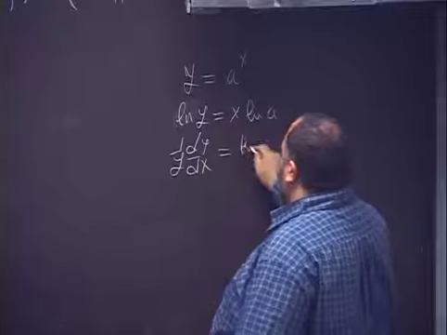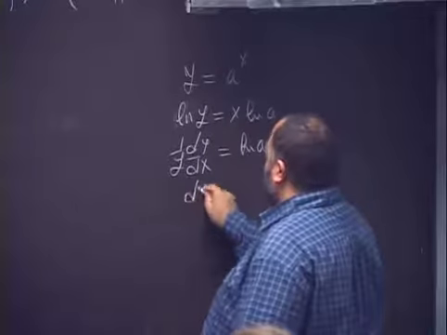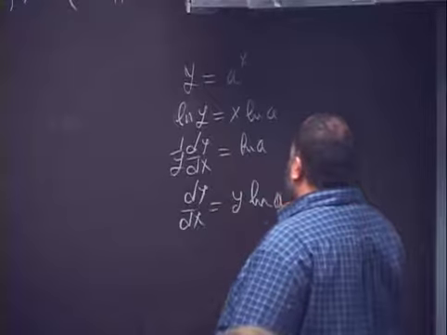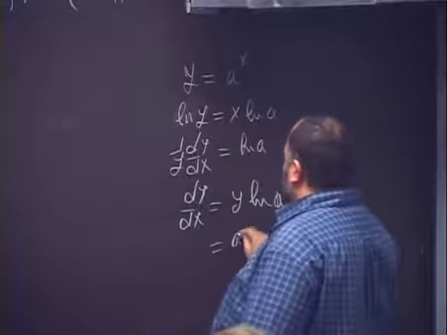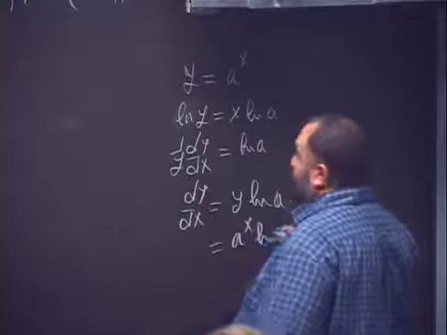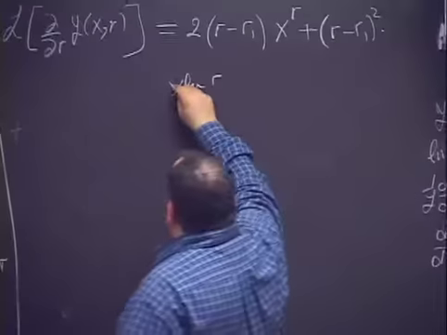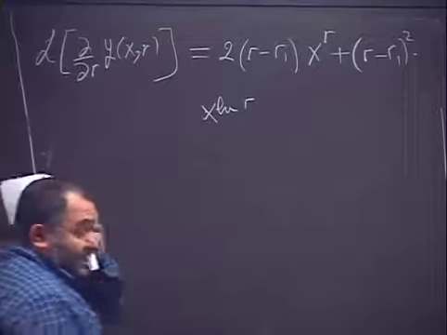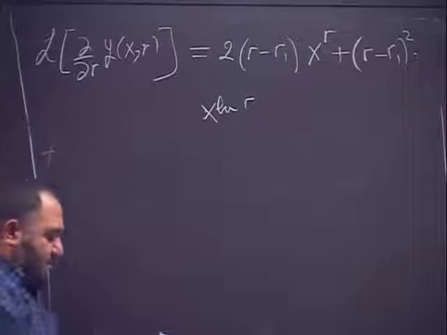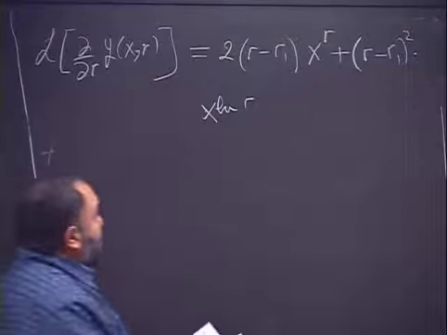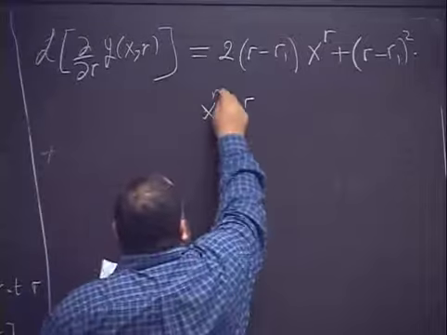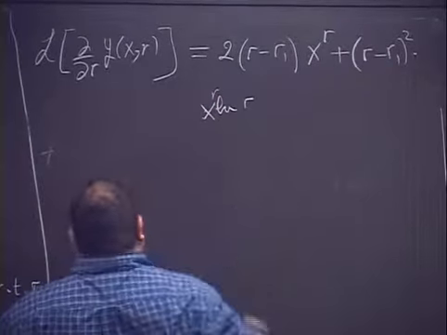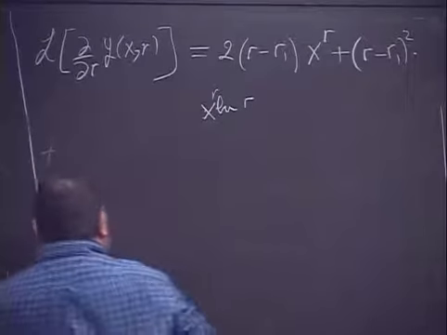So dy by dx is just equal to y multiplied by ln a, and y is just a to the power of x, so it is a to the power of x multiplied by ln a. So it is exactly the same here. So this will give us x to the power of r multiplied by ln x, multiplied by this one.